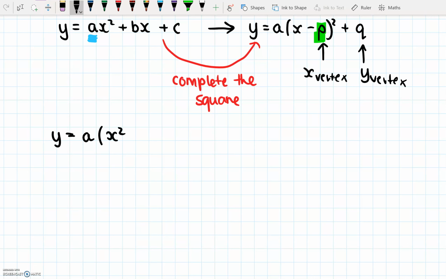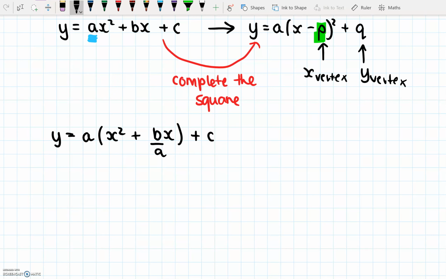Now bx divided by a, there's no a in bx, so we're going to write bx over a. What you can see is that a times b over a will just give us b, which is what we had originally anyway, plus c.